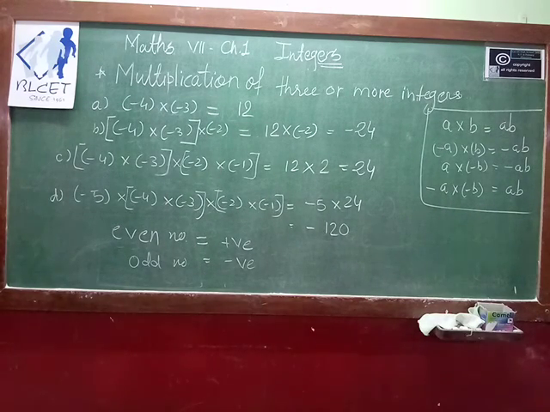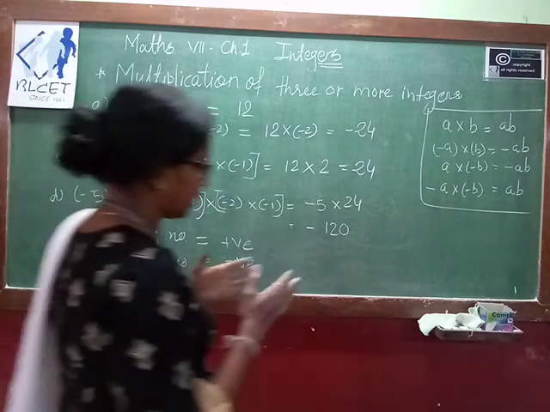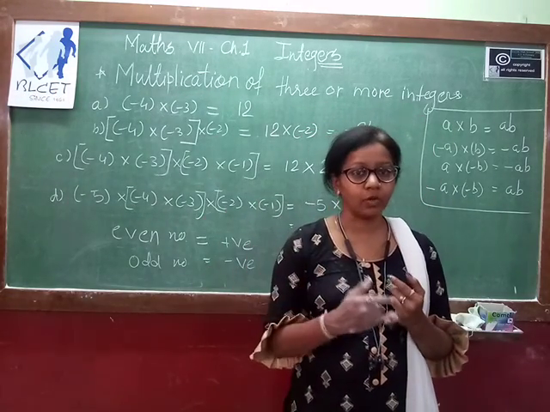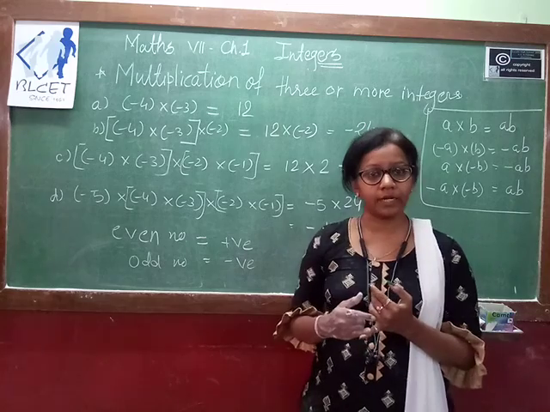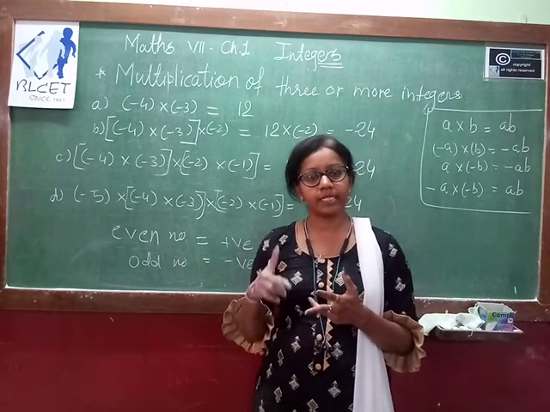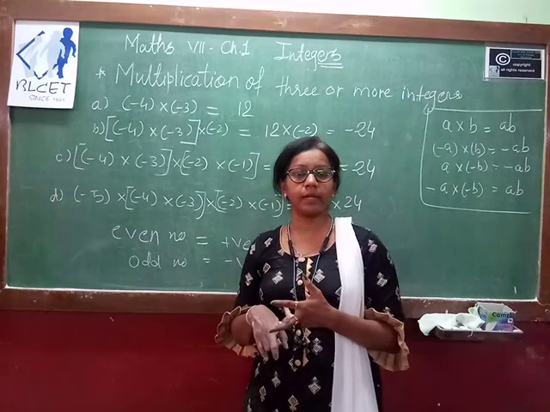Next we will discuss properties of multiplication of integers. In that, we discuss closure property for multiplication and division, commutative property for multiplication and division, and associative property for multiplication and division.